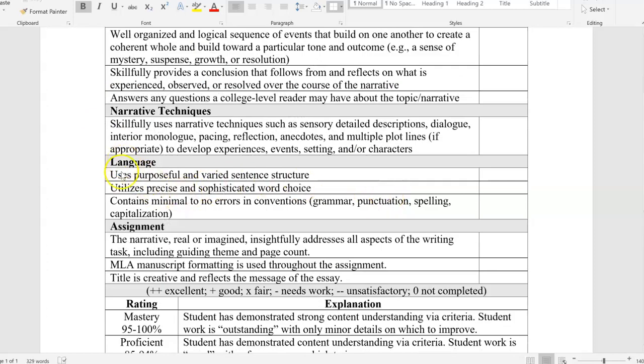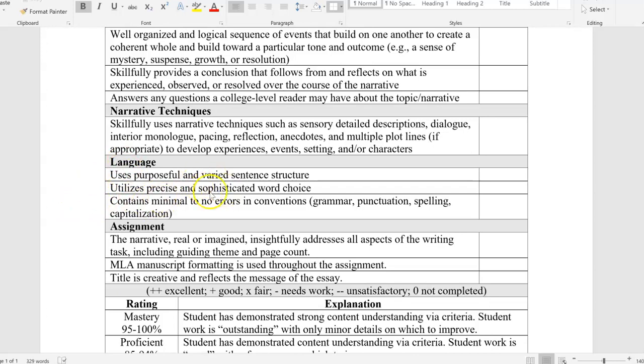Now let's talk about some logistics stuff. So language uses purposeful and varied sentence structure. This is where our mechanics stuff comes in. Are your sentences all the same? They're not. So far you guys have done just fine on sentence structure. And are they purposeful? Are they meaningful? It says utilizes precise and sophisticated word choice.